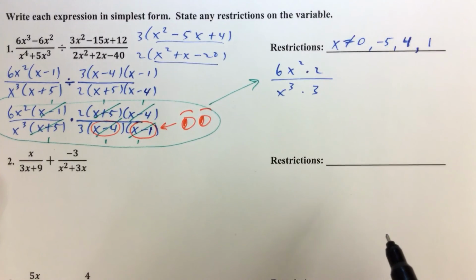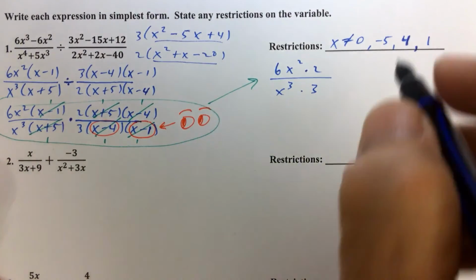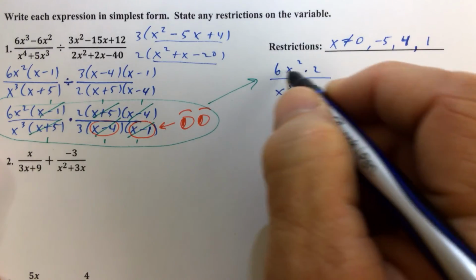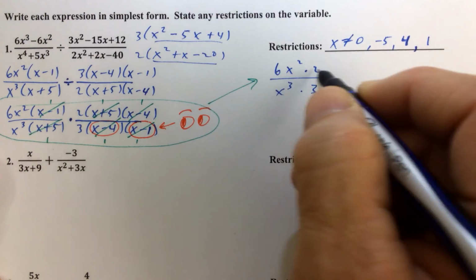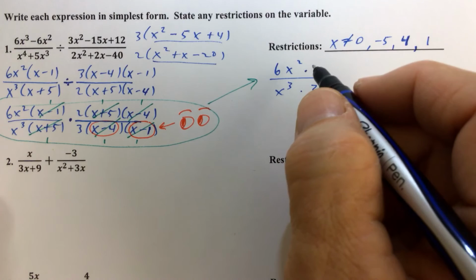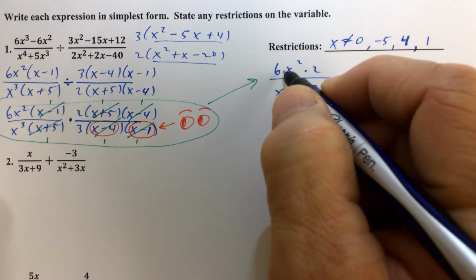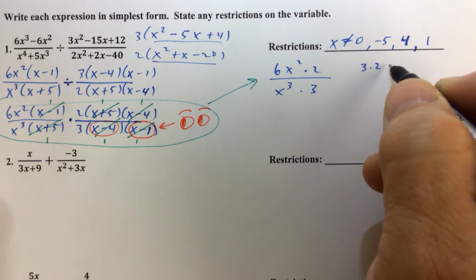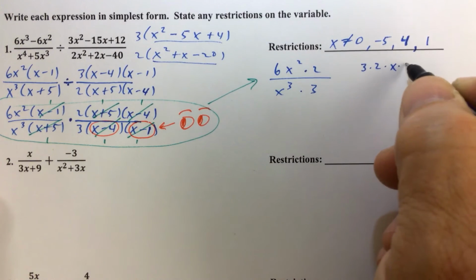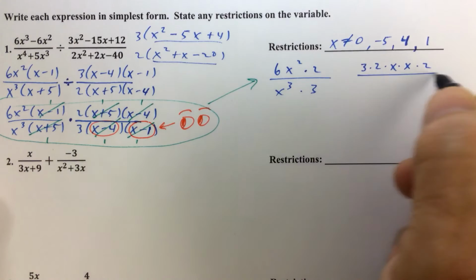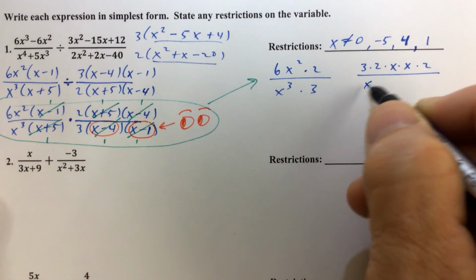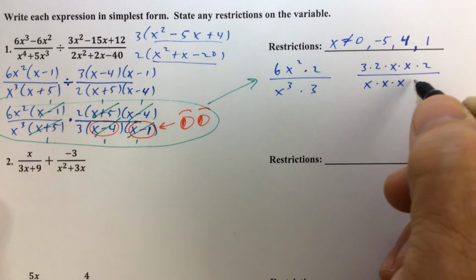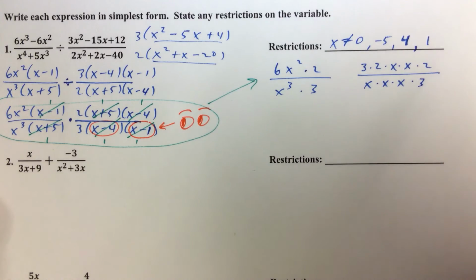To see why the answer is what it is, I'm going to rewrite every single factor in the numerator completely factored. So we rewrite the 6 as 3 times 2, and we rewrite the x squared as x times x, and we still have that 2. And down here we have x cubed, which can be rewritten as x times x times x, and we have that 3 down there as another factor.